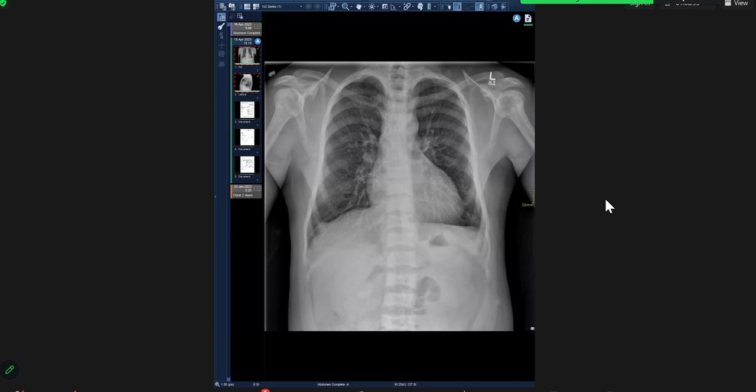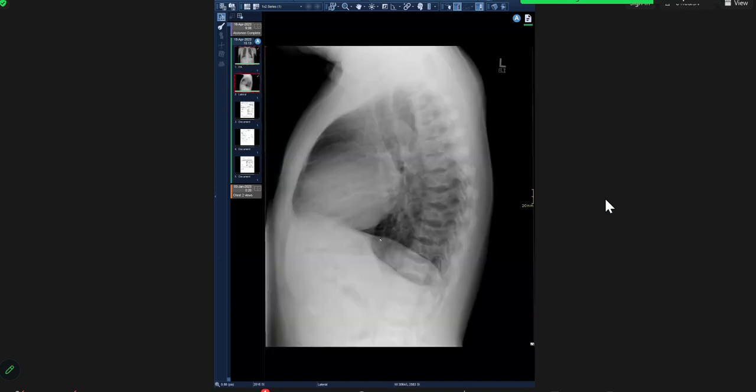With some of the vertebrae appearing H-shaped, I would like to know if there is any history of sickle cell disease. If yes, then it could be an acute chest syndrome with possibly humeral infarcts and inflammation in the chest. On the lateral radiograph, I confirm my finding of the H-shaped vertebral bodies.